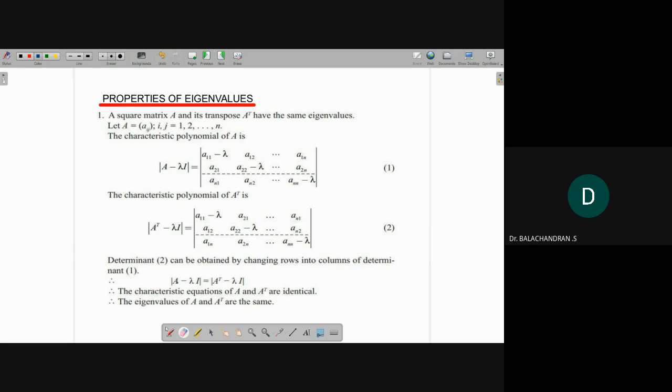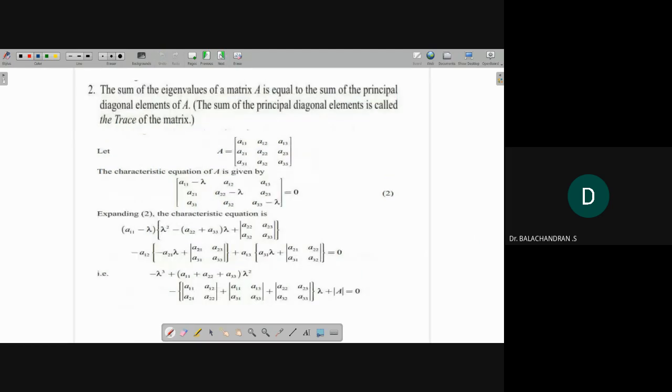Next I will go to the next property. We already used this property, but I am going to give the proof. The sum of the eigenvalues of the matrix A is equal to the sum of the principal diagonal elements, that is A11, A22, A33.